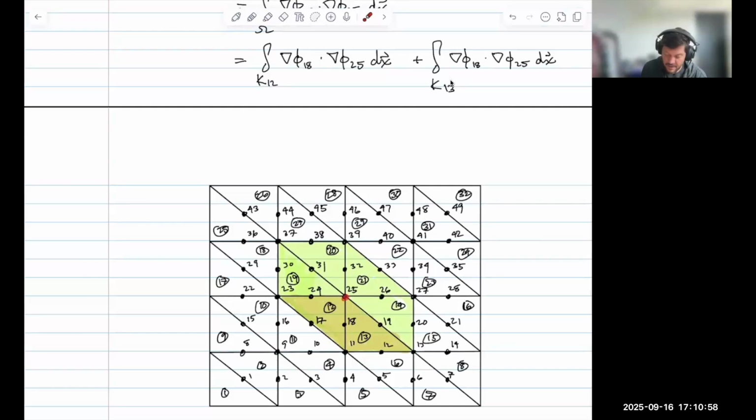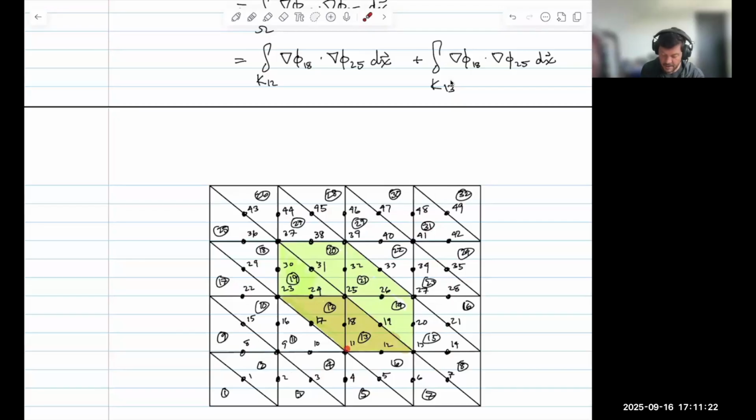Here's phi 25, and there's phi 18. By that, I mean there's node 25, and phi 25 is 1 at node 25, and it's going to be 0 at all the other nodes that you see. And it's identically equal to 0 outside of its support. So outside this set, phi 25 is identically equal to 0.